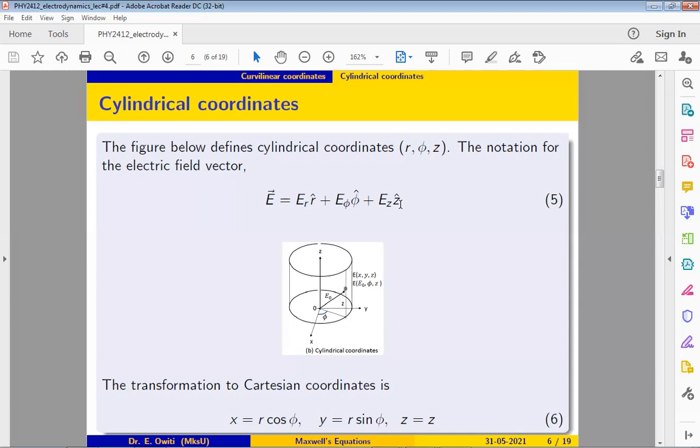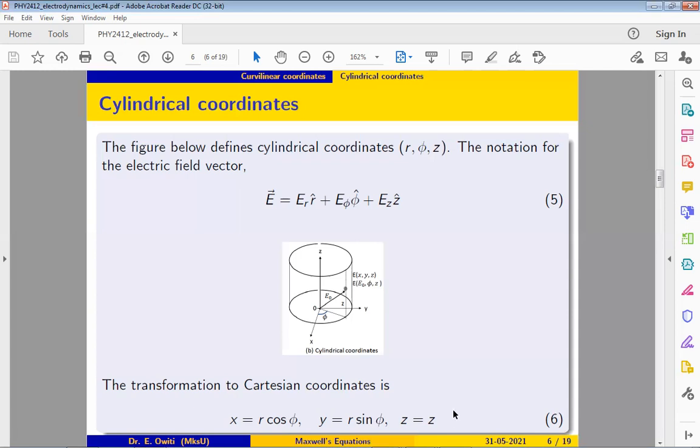This new coordinate system can also be linked with the Cartesian coordinates. According to the transformation expressions, x is equal to r cosine phi, y is equal to r sine phi, and z in the Cartesian system equals z in the cylindrical coordinate system. That's why you simply have z equals z.